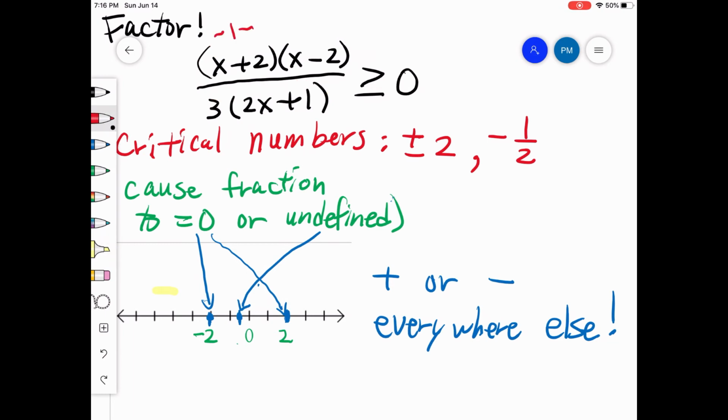Then you repeat the cycle one more time. What's a number between -2 and 0? Well, I picked -1, which is between those two numbers. So -1 plus 2 times -1 minus 2 on top. And on the bottom, you still have that 3, and then times 2 times -1, which is basically -2, plus 1. Again, we're not concerned about the value.